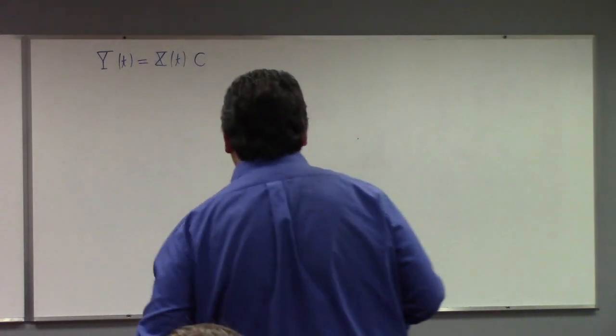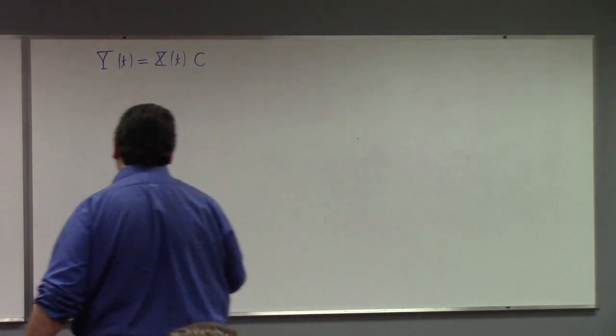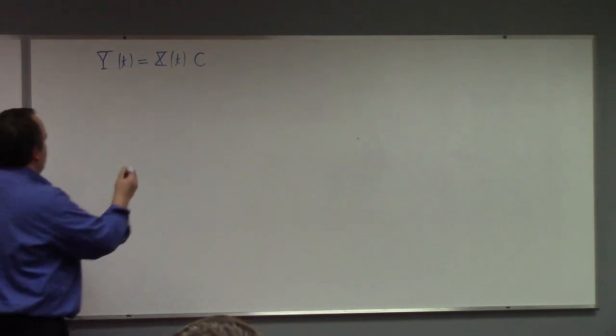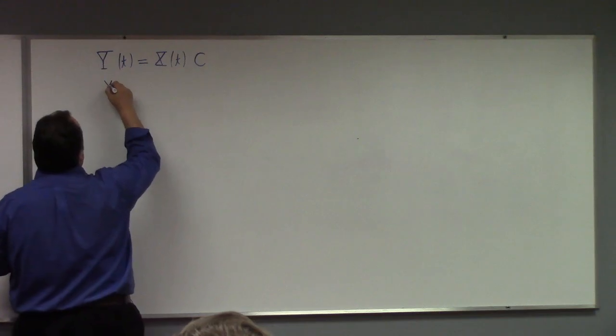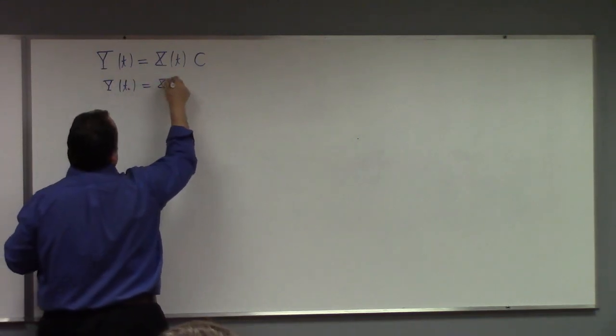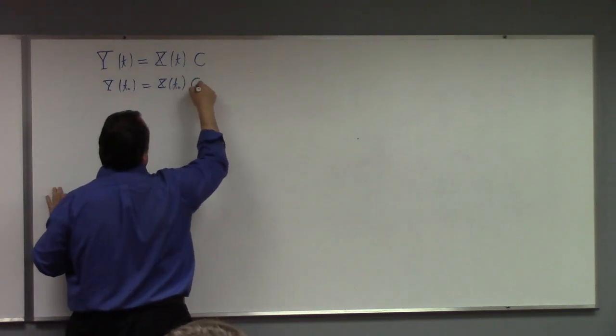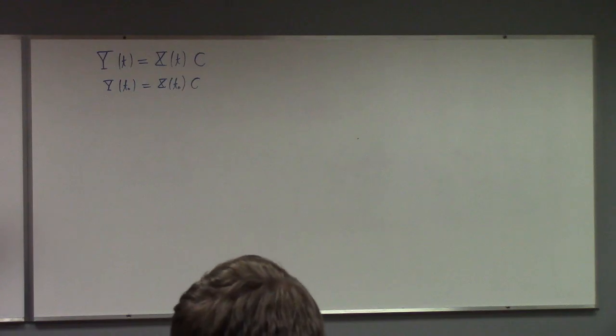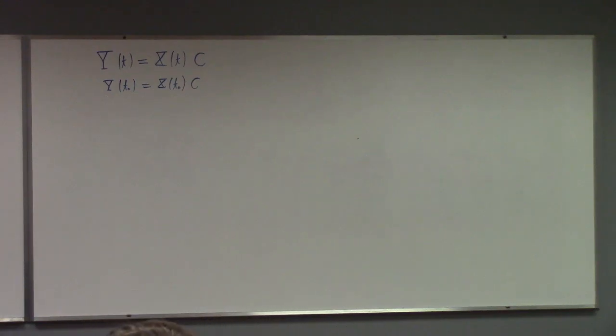How can we characterize this constant matrix C? How about this? Any time you want, let's just put in a time, say t naught. Y of t naught equals X of t naught times that constant matrix. And if we multiply this equation by, is there an inverse matrix for X of t naught?